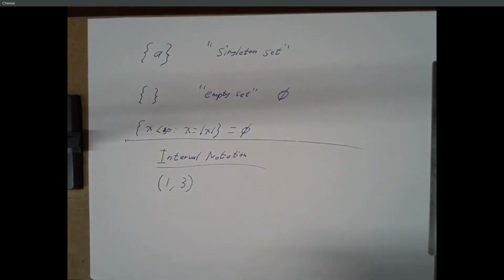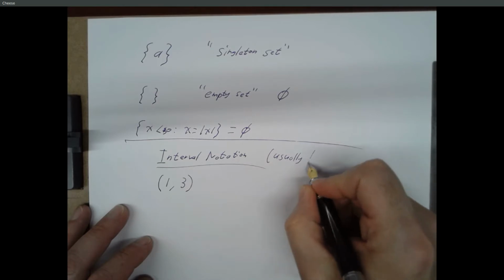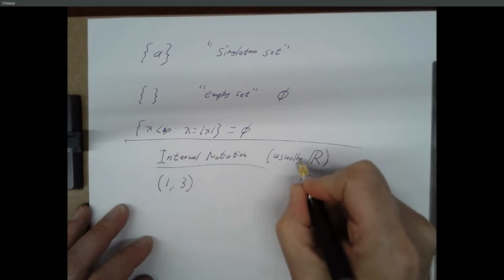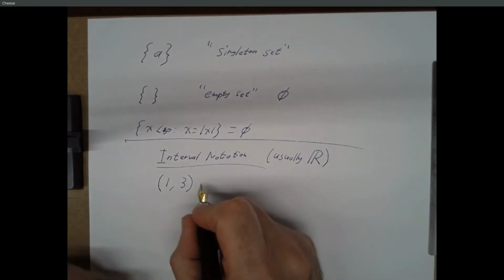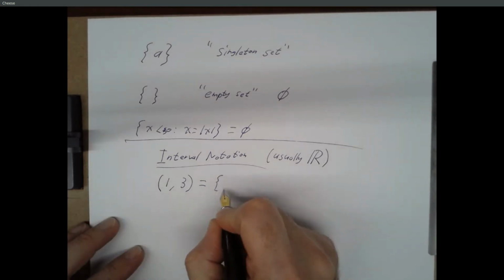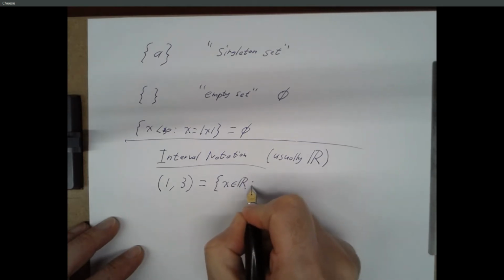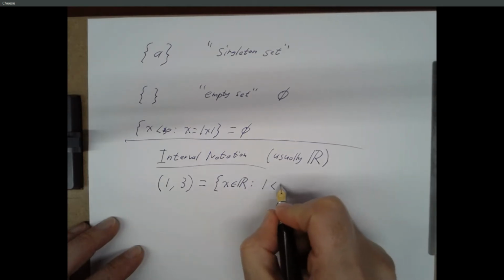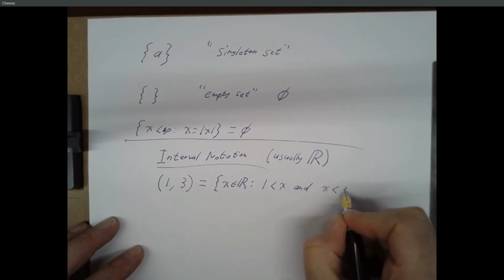And usually, when we see interval notation, we're talking about the real numbers. But we could do it over the integers if we wanted. But let's think about it over real numbers for a moment. So if I write parentheses 1, 3, this means the set of all x contained in the real numbers such that 1 is less than x and x is less than 3.